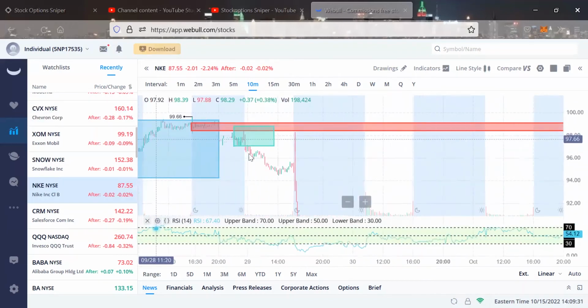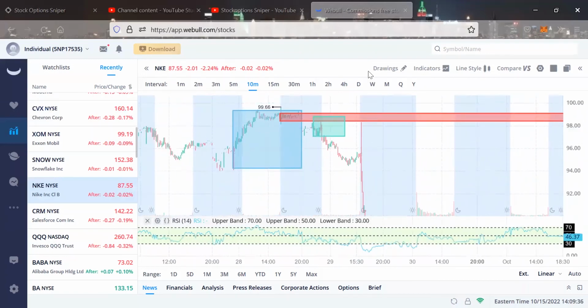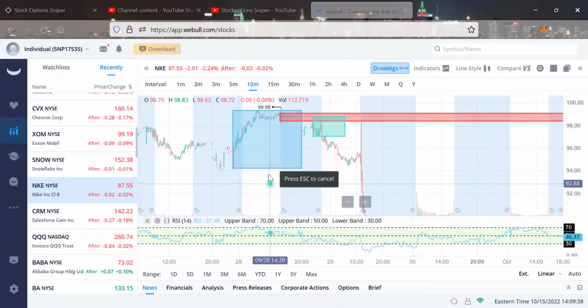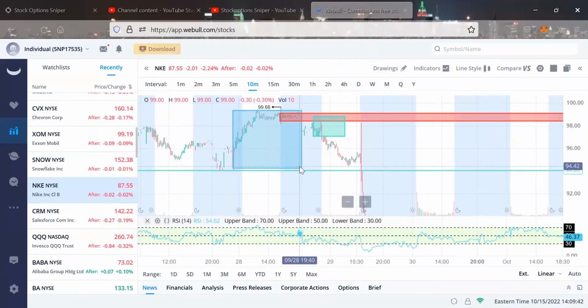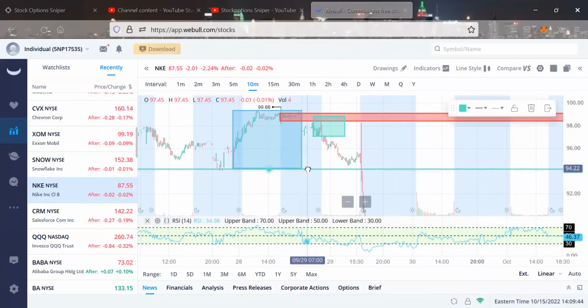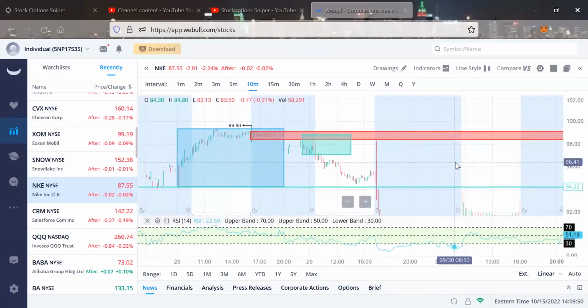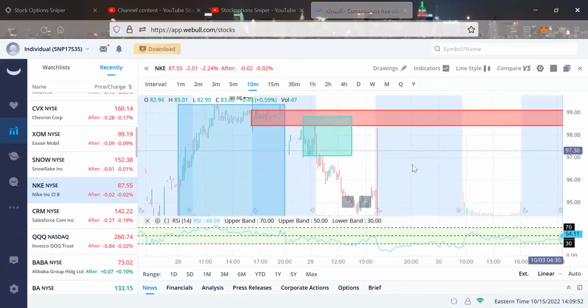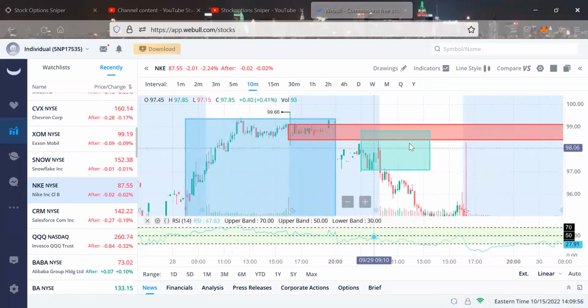So we found that play. Our zone is from this supply zone, and we are targeting here to this area right here, which is the end of that structure. We are targeting from 98 all the way to 94. So we're going to wait for that touch and confirm that in a distribution.